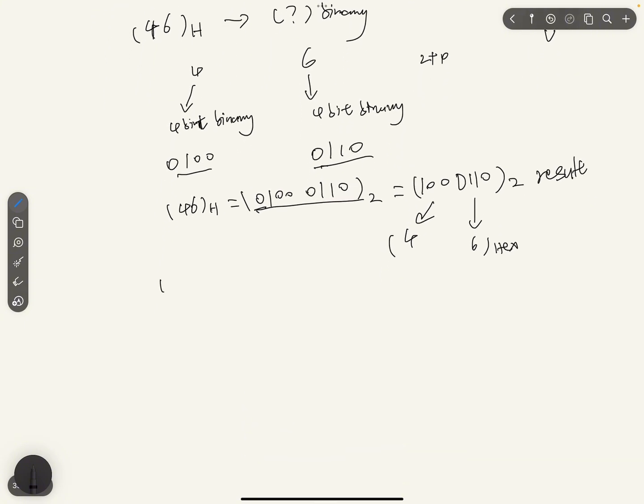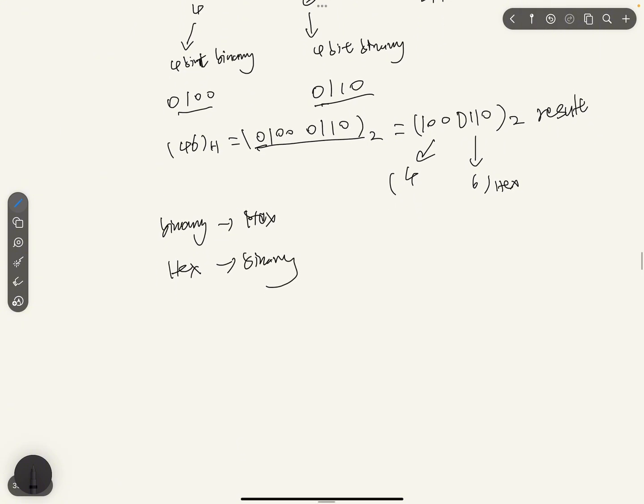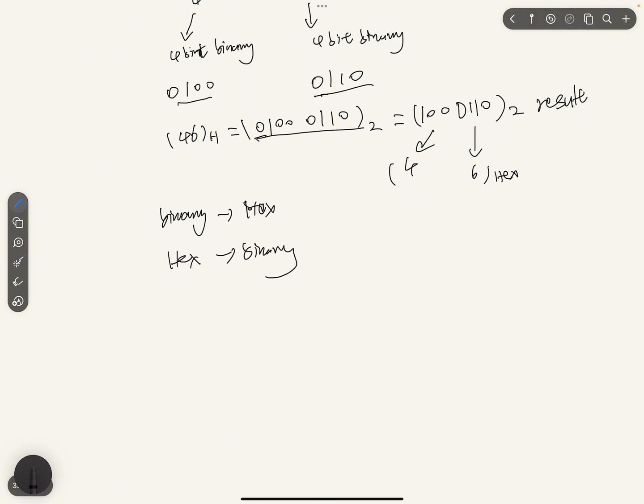Now we know how to convert binary to hexadecimal, and we also know how to convert hexadecimal to binary. What if we want to convert decimal to hexadecimal? Let's say we have an example, 87 in decimal. How do we convert it to hexadecimal?